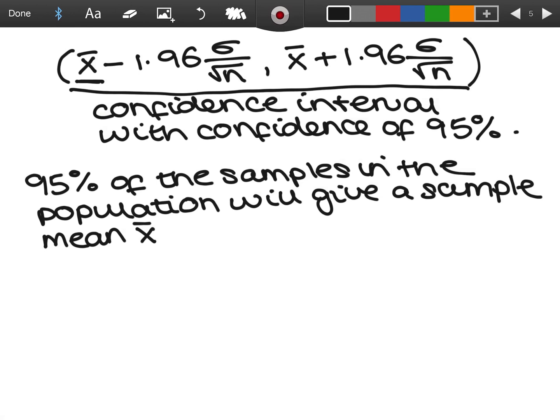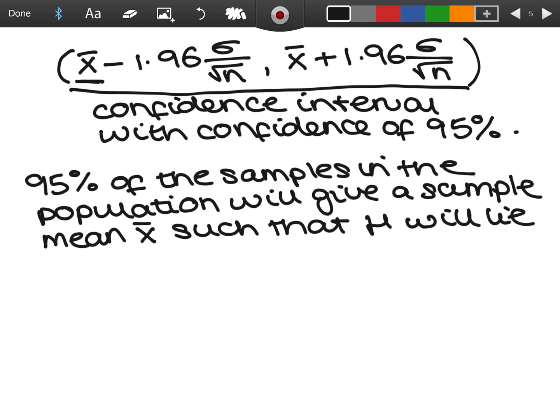Each one will have its own sample mean, but 95% of them will give you a value for x bar such that the population mean will lie in the above interval.